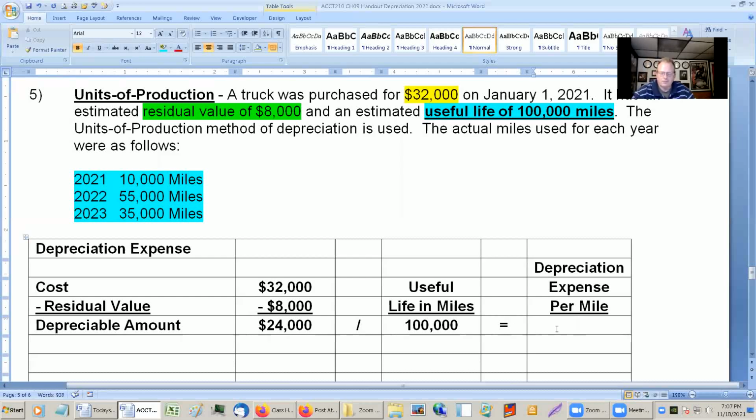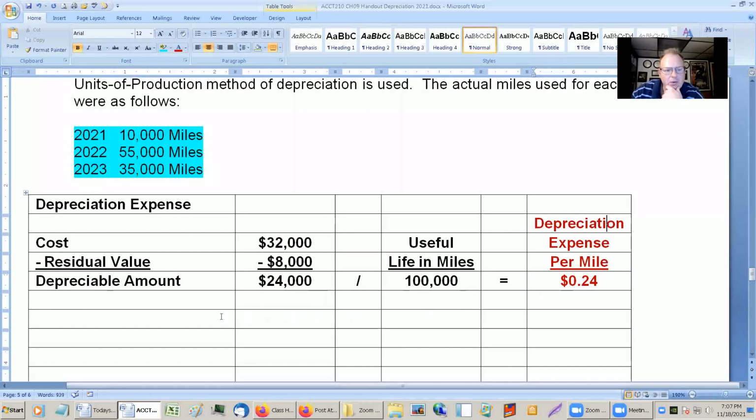The 0.24. Or 24 cents a mile. Right, 24 cents. And by the way, this is what you use for taxes. This is how they do it. Per mile is the usual way that you do that.